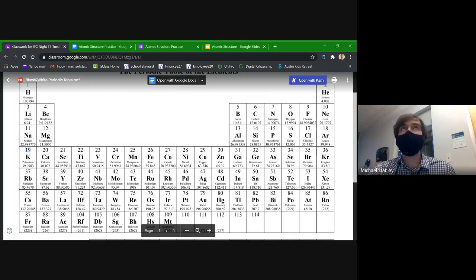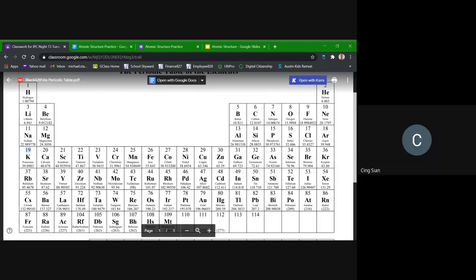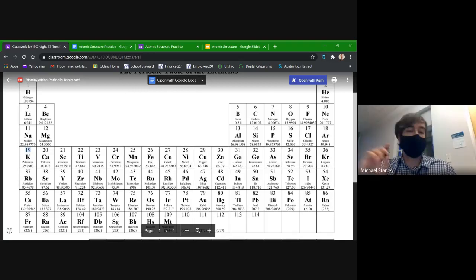How many neutrons are in potassium? 20. 20, exactly. 39 is the mass, and 19 is the atomic number. So 39 minus 19 is 20.